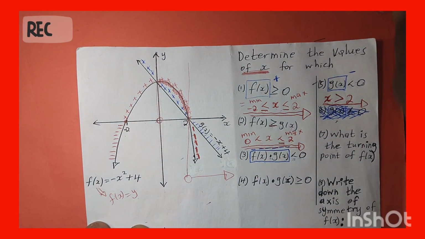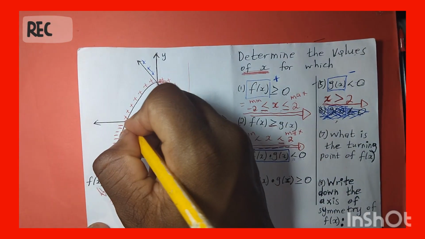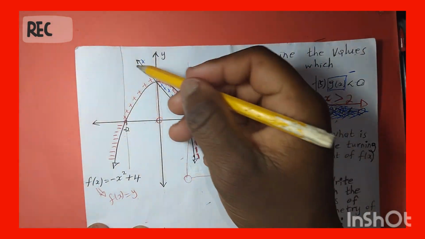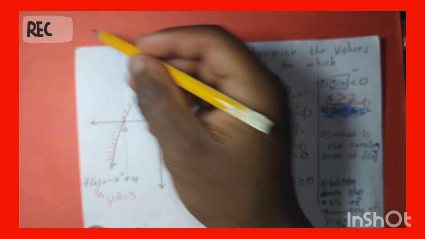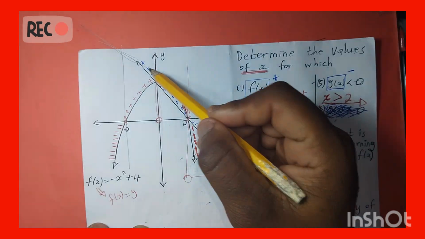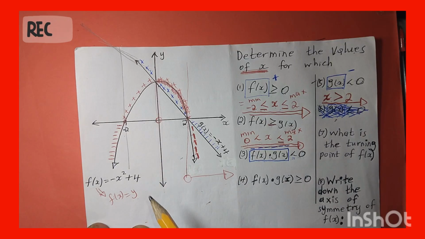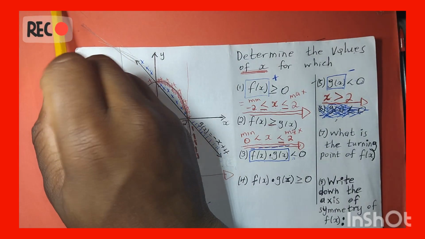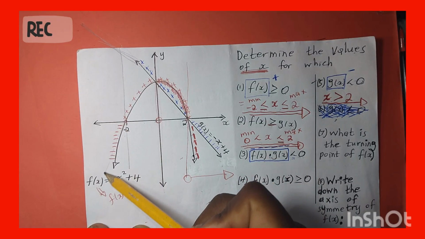But now you should take note about that. This graph from this point, that straight line, is continuing on the positive values. It will become positive, positive, positive, and this one becomes negative.